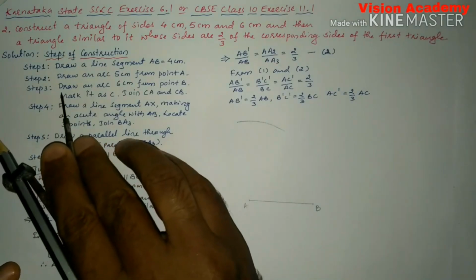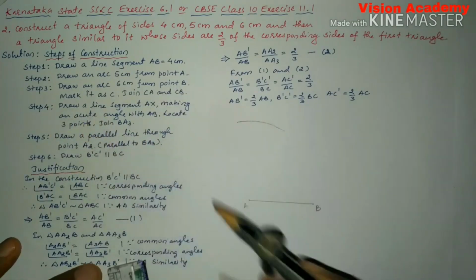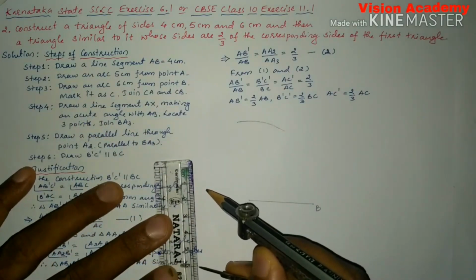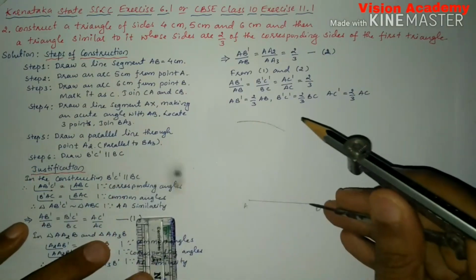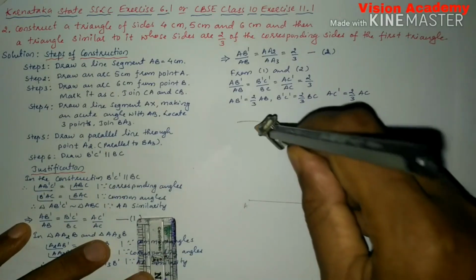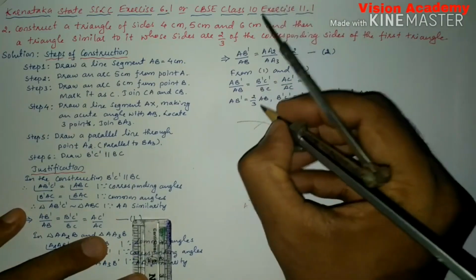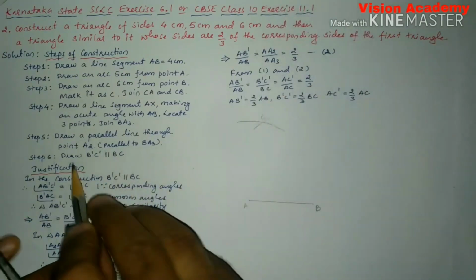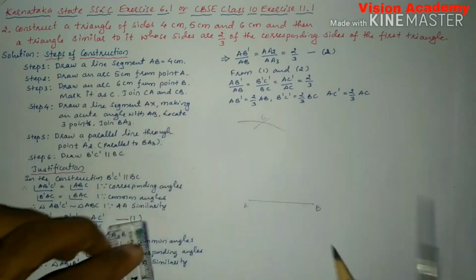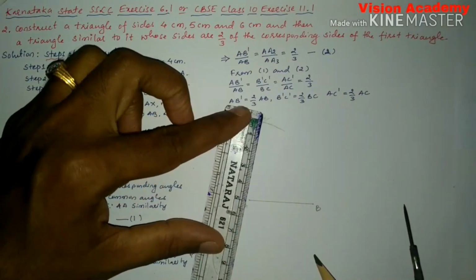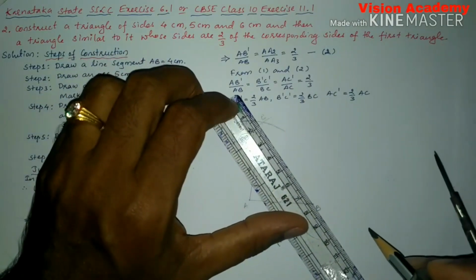Next, third step, draw an arc 6 cm from point B. Now let us take 6 cm in a compass and from B cut this arc, and this intersected point we name it as C. Join CA and CB.